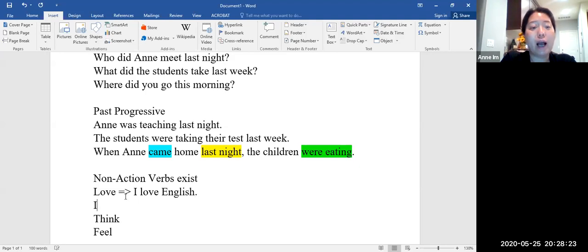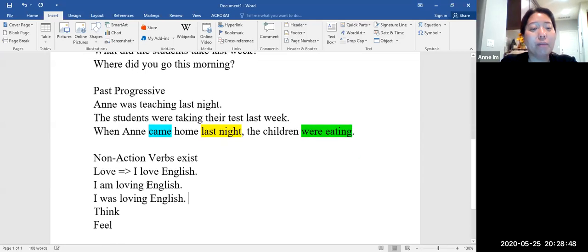Can I say I am loving English? No. So when we use it in any progressive tense, present progressive or past progressive, I was loving English, this is wrong. I am loving English, I was loving English. We can never use ing with the verb love.